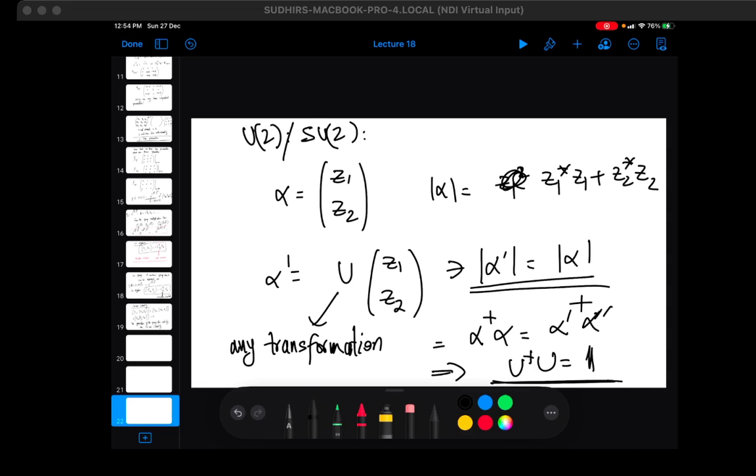So for two-dimensional vector spaces, we have alpha prime equal to U times (z1, z2), and this gives me U dagger U equal to 1, and U is a 2 by 2 unitary matrix.